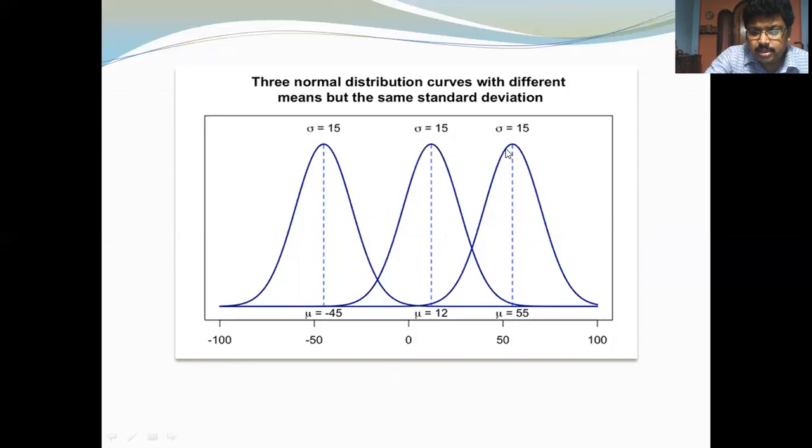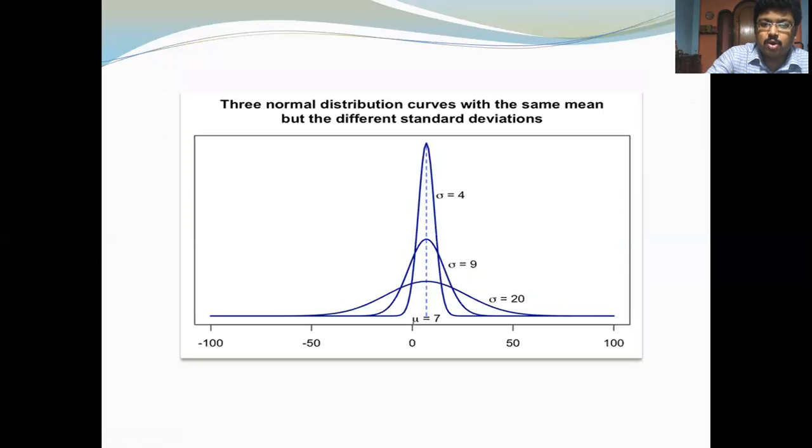For this curve, the highest point on the normal curve is minus 45, the highest point of this normal curve is 12, and the highest point on the normal curve occurs at the mean, that is 55. So this is the pictorial presentation of the normal distribution curves with different means but the same standard deviation.